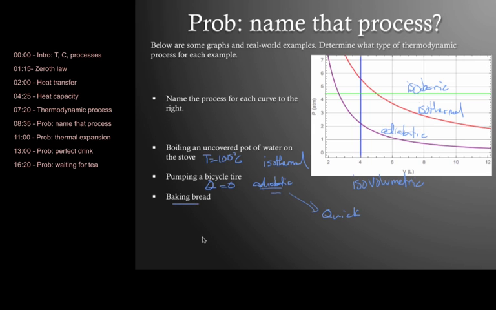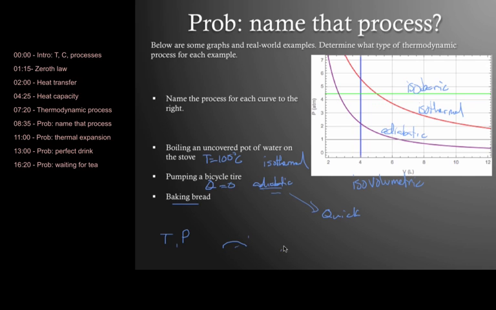What about baking bread? You put bread into the oven, it's at a nice temperature, but it is also at a nice pressure. And so the inside of the bread has to equilibrate with the outside. You could think of it as either one of these, depending on what's going on inside the bread.